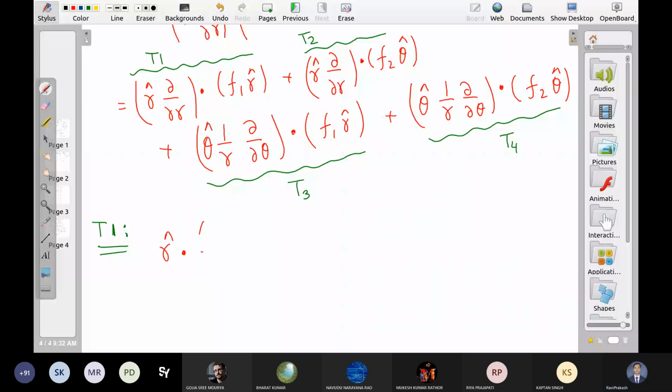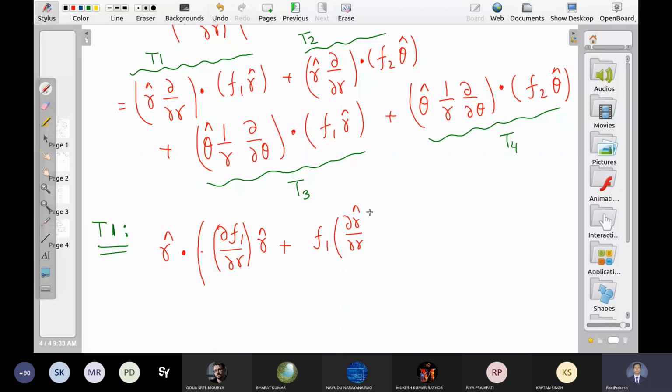So what do I write? Del f1 upon del r and r cap as it is, plus nothing on f1 now, del r cap over del r. Bracket close.